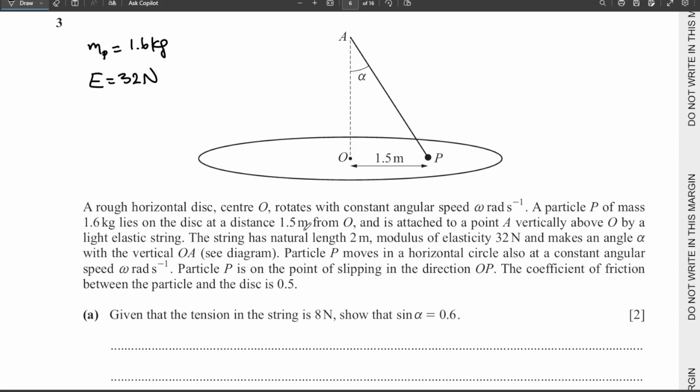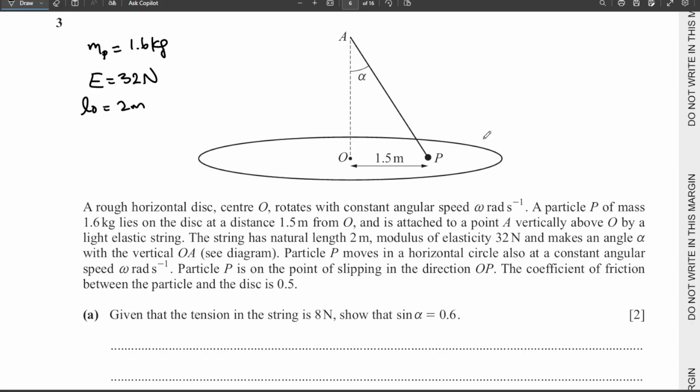One more thing I left out here is the natural length or the unstretched length L0 of the string is 2 meters. Where else? Alpha and particle P moves along this horizontal with speed omega.